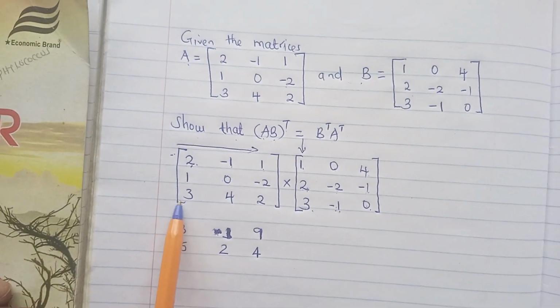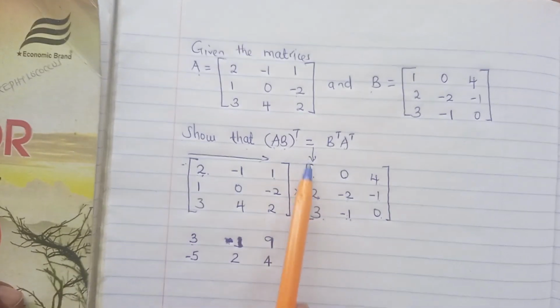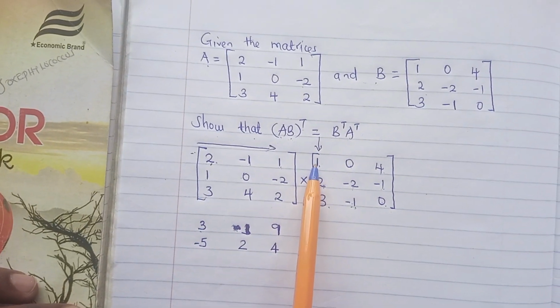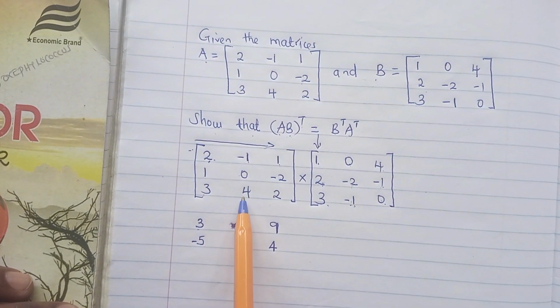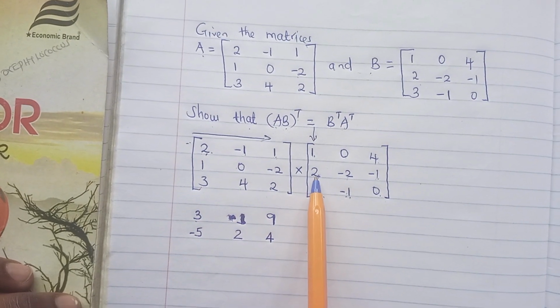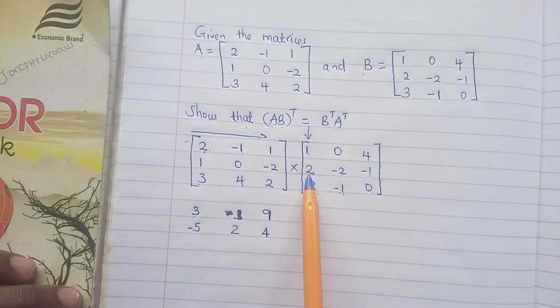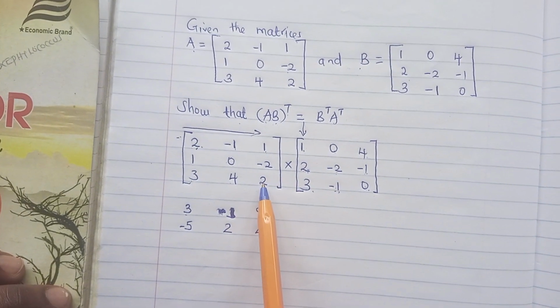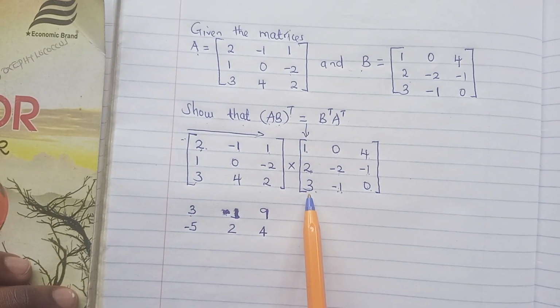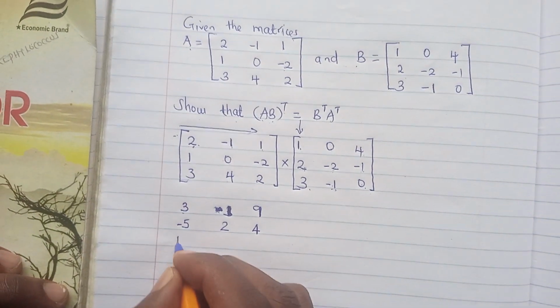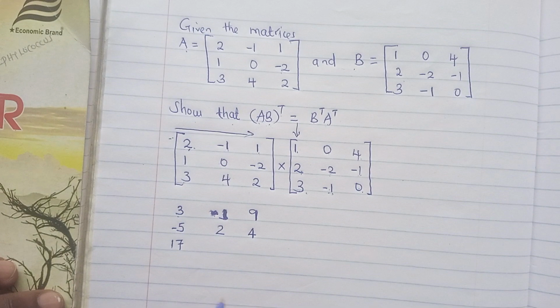And then we go to the third row and the first column. So it is 3 times 1, which gives us 3, plus 4 times 2, it is 8. So 3 plus 8, this is 11. And then plus 2 times 3, 6. So we're going to have 17.